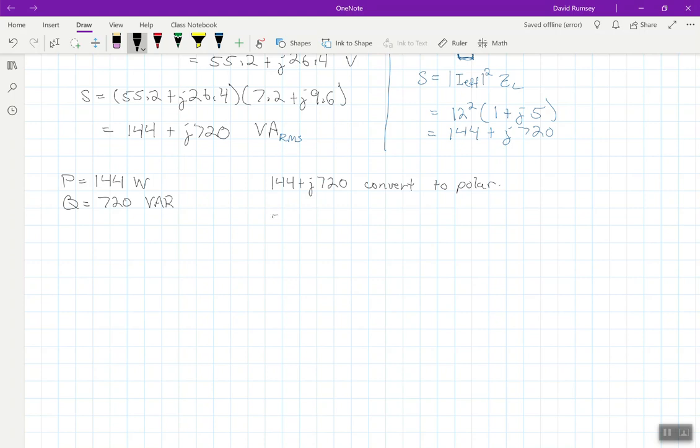And I get here 734.26 at an angle of 78.7 degrees.